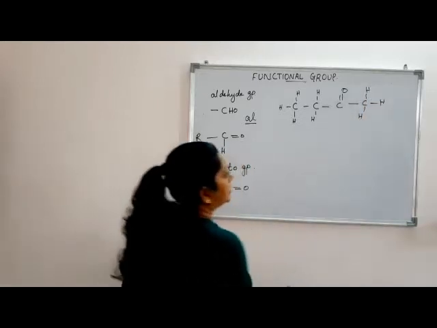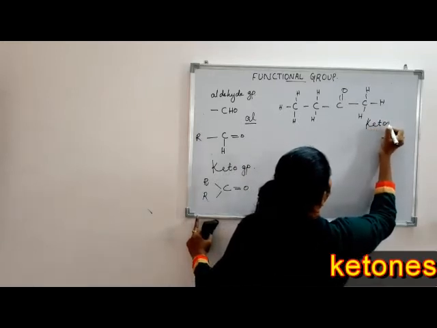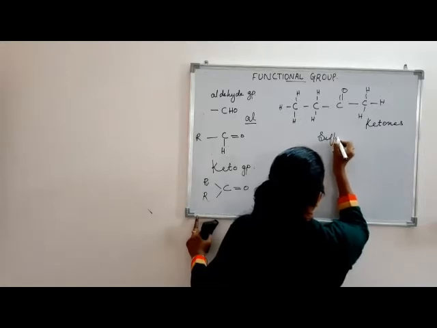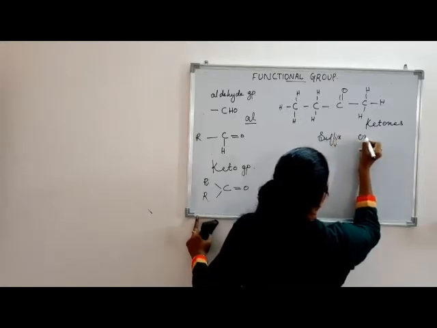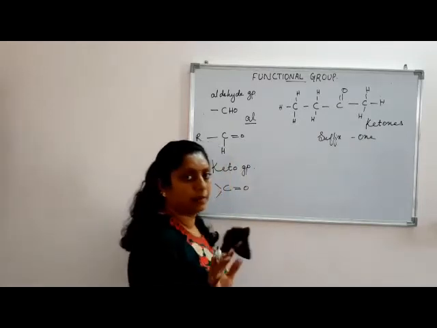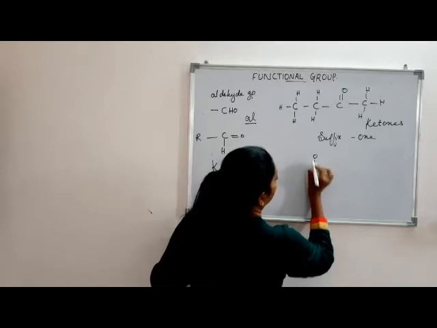Like this. This compound is called ketones. And the suffix used for this compound is ONE. The first member of ketones should have 3 carbon atoms.